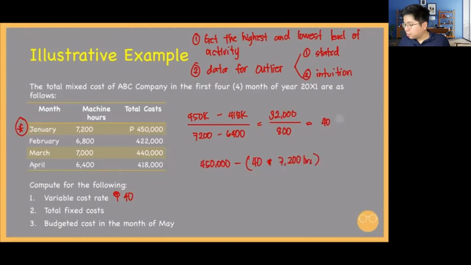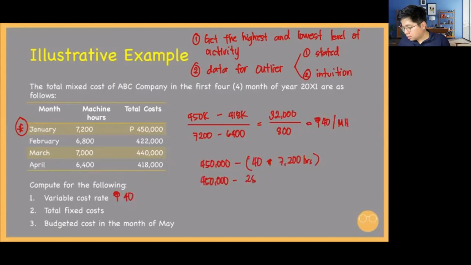It is not per unit, but it should be per machine hour, MH. So 450,000 less 40 multiplied by 7,200.